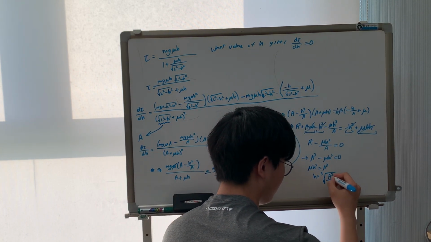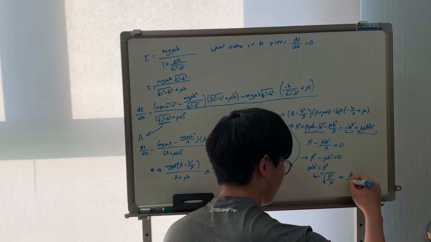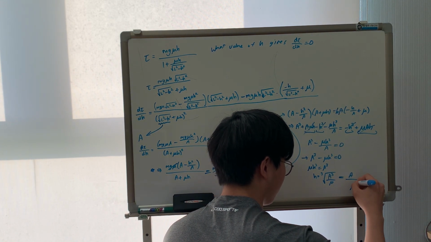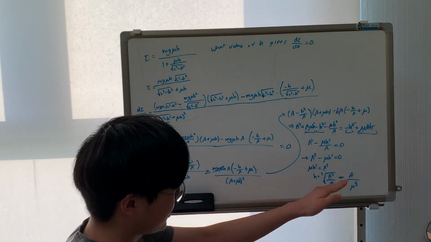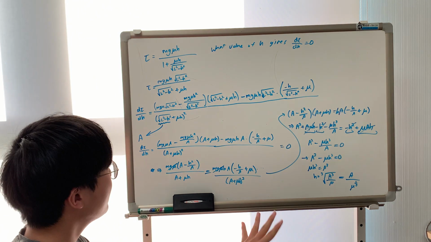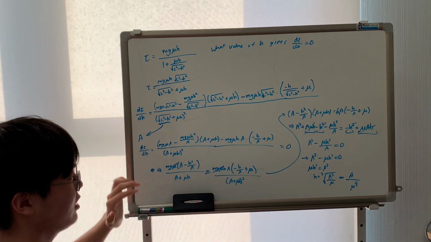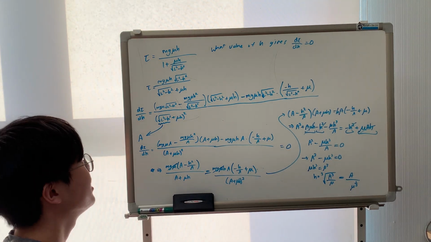And that's going to be equal to, cube root of a cubed is a, over the cube root of mu, which is mu to the power of 1 over 3. So h is that. But we still haven't solved the question yet, because a is also an expression that contains h. Okay, so we're not quite done yet.